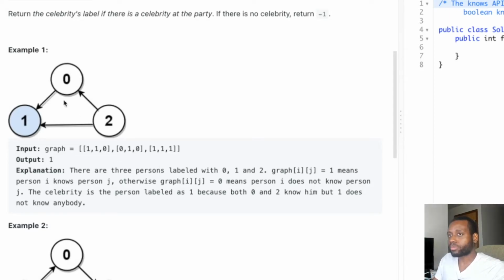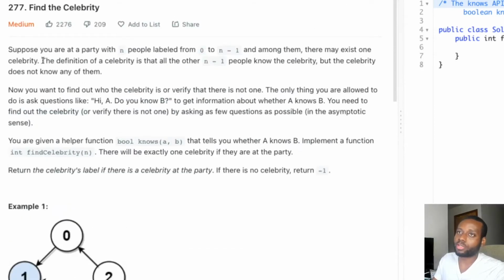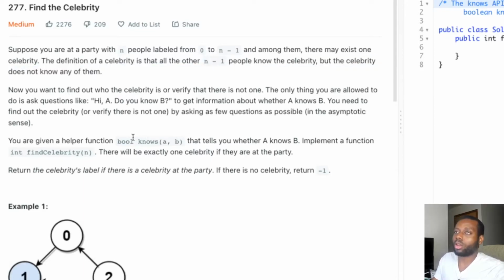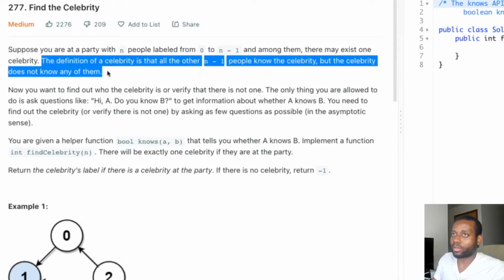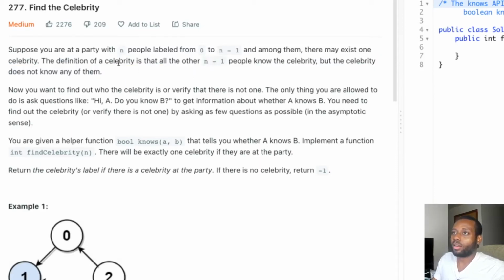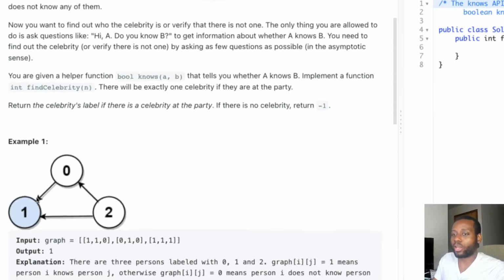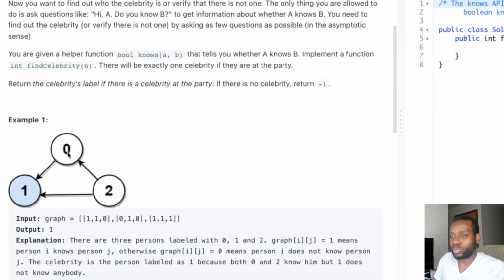So we could take the definition given to us and translate it into graph terms, right? What they're saying, guys, is a celebrity is a person that has the in degree... So if somebody knows you, that means somebody's pointing to you. 0 knows 1, 2 knows 1, see, they're both pointing at you.